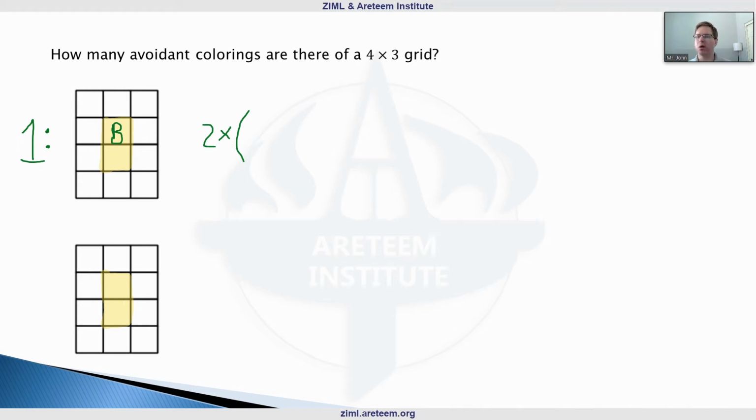So once we know that one of the center squares is black, the other square has to be white. And there are really some things we can start saying about the rest of the squares.